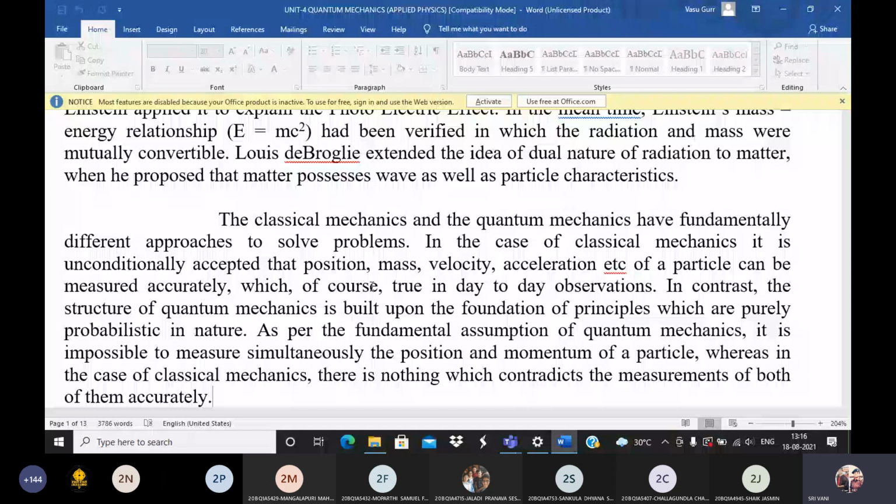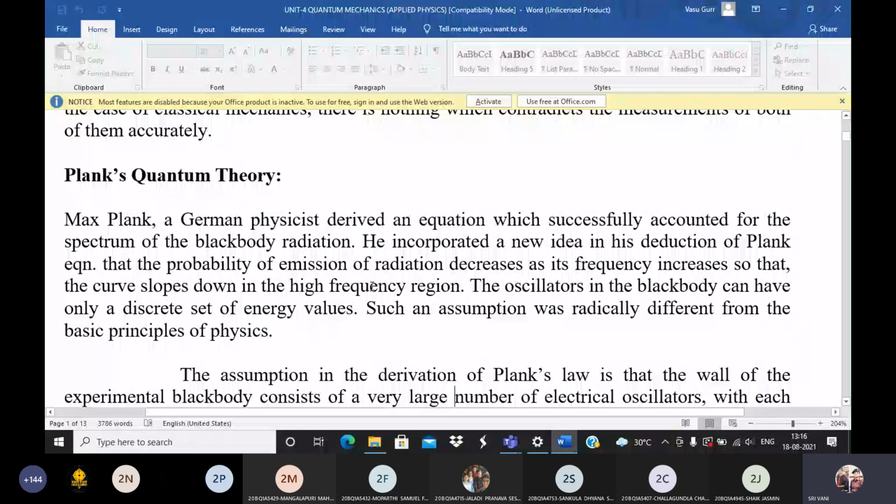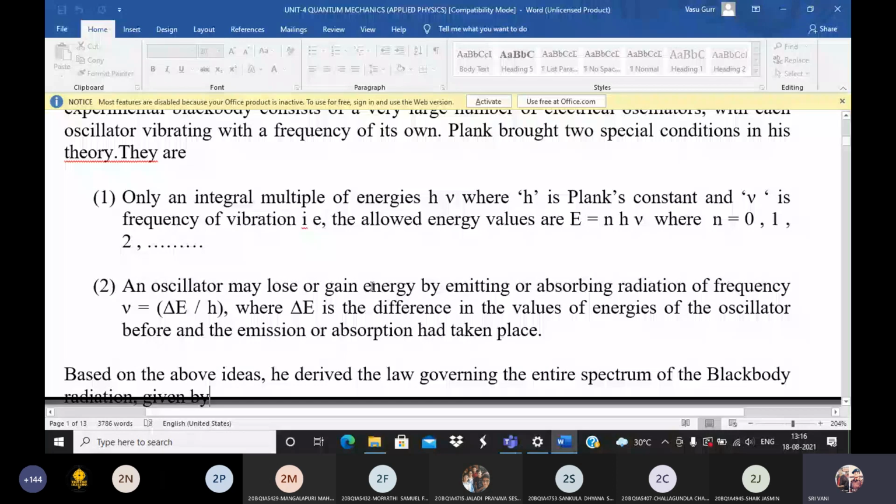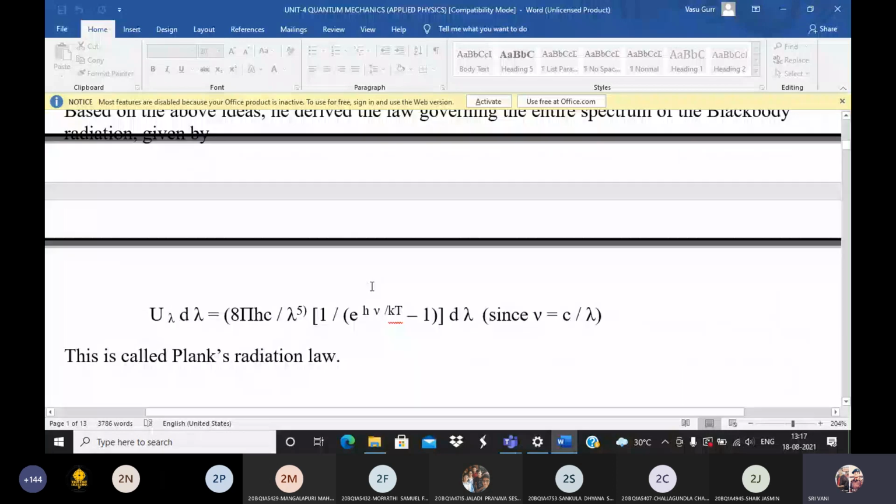Next, in this lesson, we have studied the previous de Broglie wave equations. Yesterday I spoke about the de Broglie hypothesis and de Broglie formulas. Now we are learning the concept of quantum mechanics.